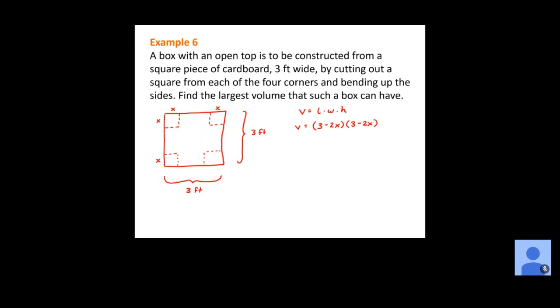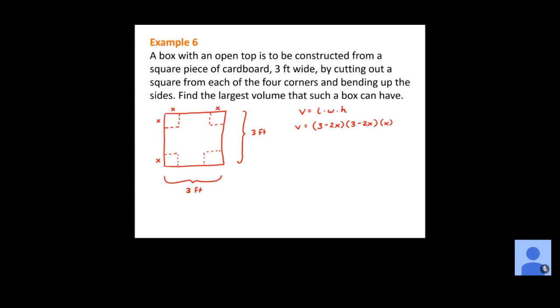Now we need the height. If I do this, the height is going to be x, right? Because that's how long those squares are. And so once I fold those sides up, that's how tall the box is going to be. So then I can just multiply by x. So think about your volume formula for a rectangular prism in this case, because that's what we're going to have. Then think about your length, because we're taking out 2 x's from each side.